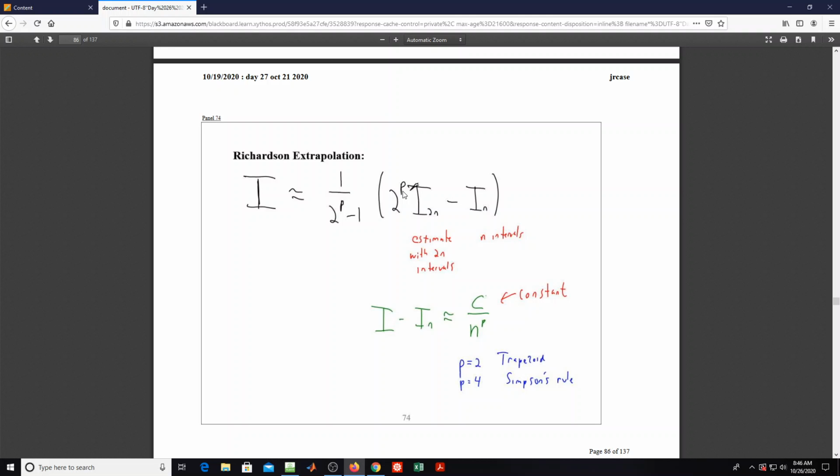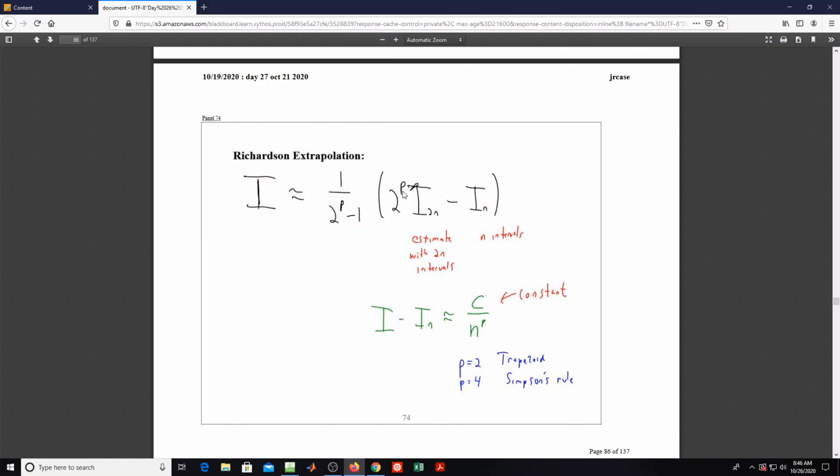Because if I take I minus I_n, I should have some constant times 1 over n to the p. This is like O(h squared), or O(h to the fourth). So for the trapezoidal rule, I have p equals 2. And for Simpson's rule, I have p equals 4. We're going to use the weighted average in our example.